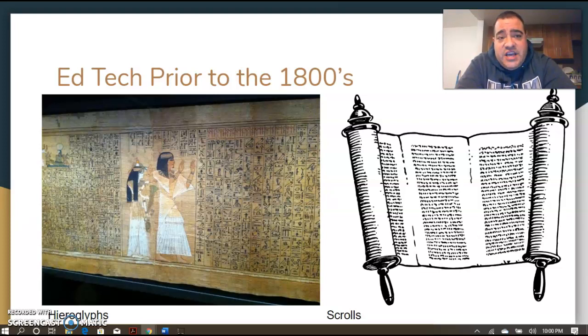That eventually gave way to tools such as scrolls or papyrus. Again, paper in and of itself is a technology, which is probably an interesting perspective when you think about it, because prior to paper, you didn't really have a way of keeping things, at least in perpetuity. And paper, papyrus, the cave paintings helped us to do that.